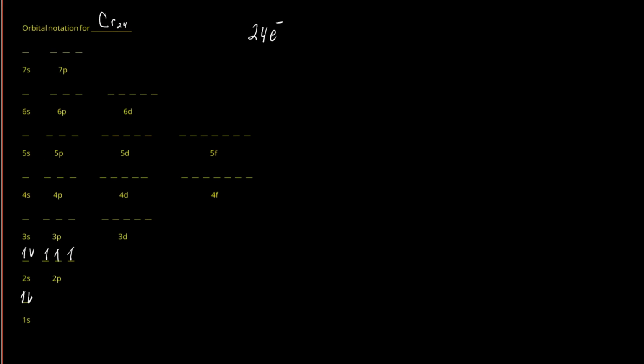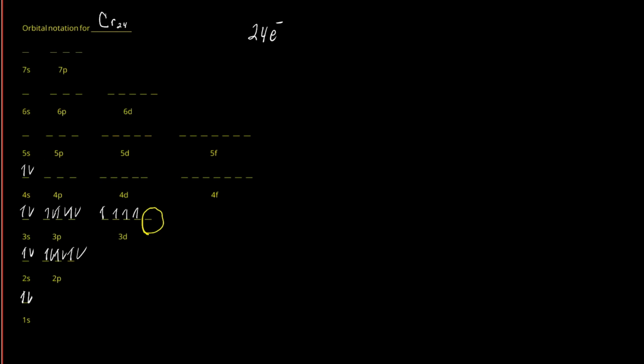Let's add our electrons. After 4s, I go 1, 2, 3, 4. That's 24 electrons. It has one empty space here. By having one empty spot there, it makes it less stable.